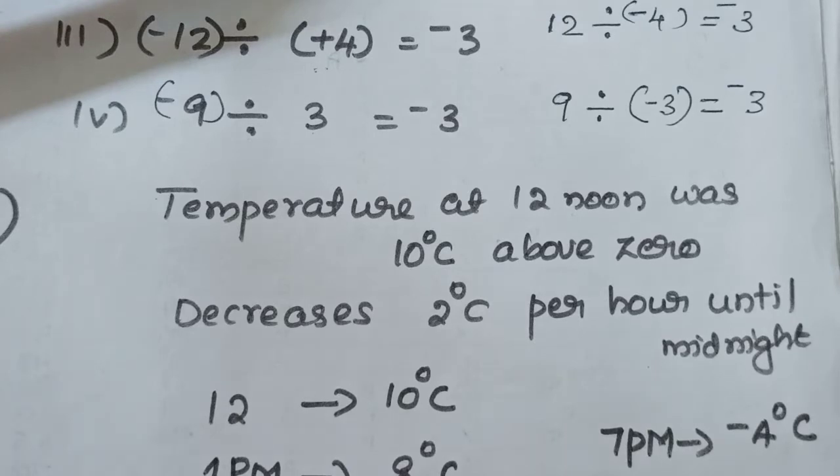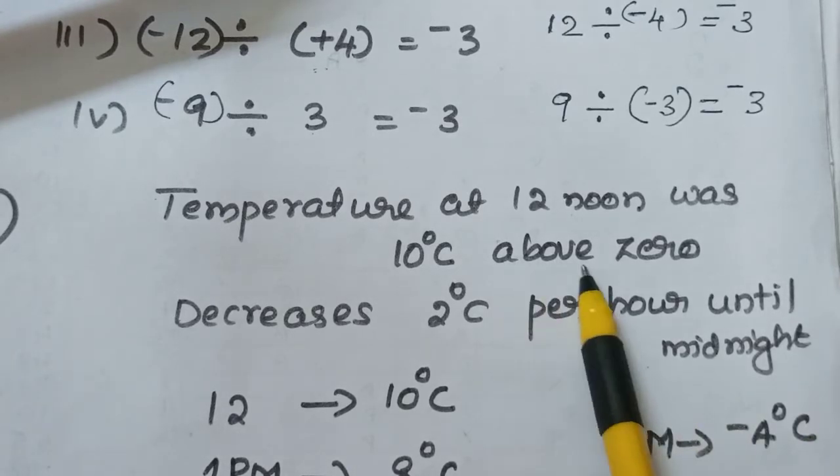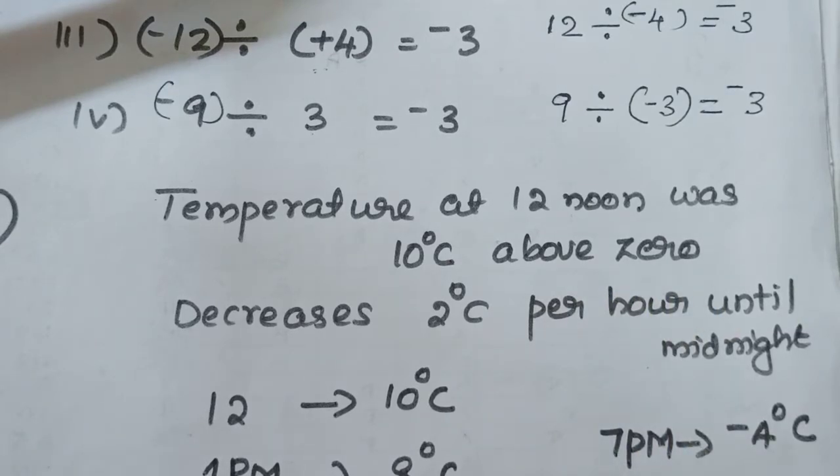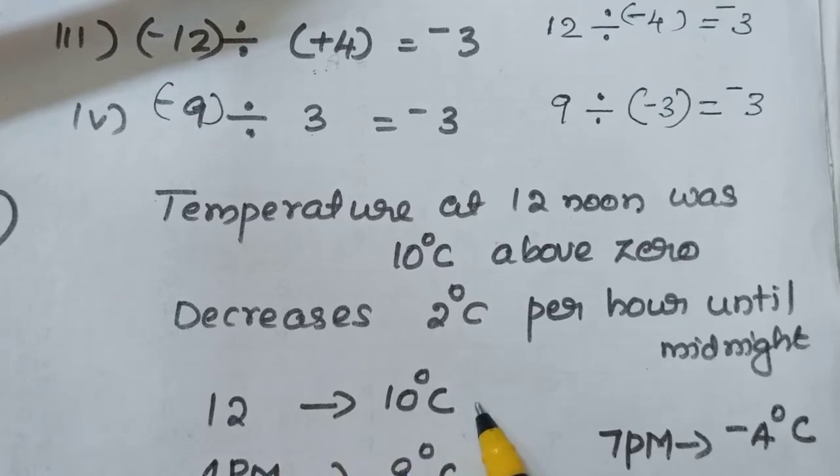Next question. Temperature at 12 noon was 10 degrees Celsius above 0. So above 0 we can take it as positive 10. And it decreases 2 degrees Celsius per hour until midnight. At 12 noon it is 10 degrees Celsius.